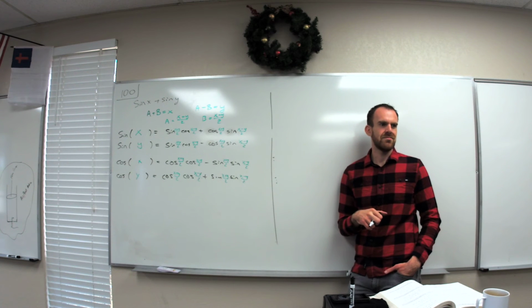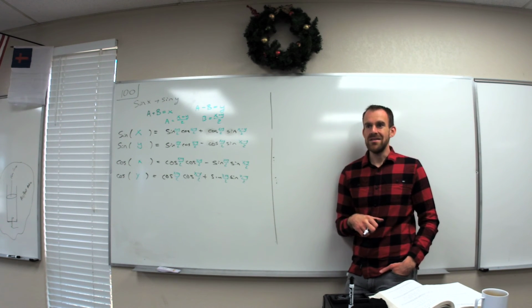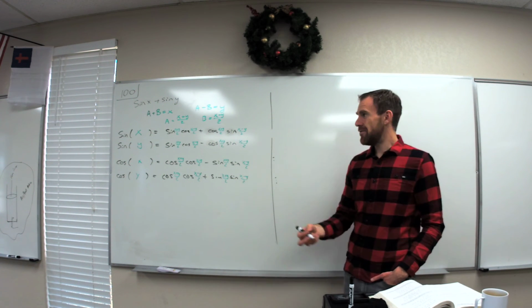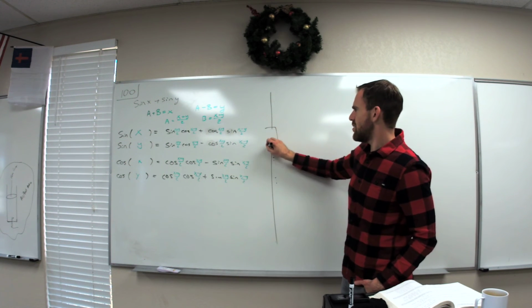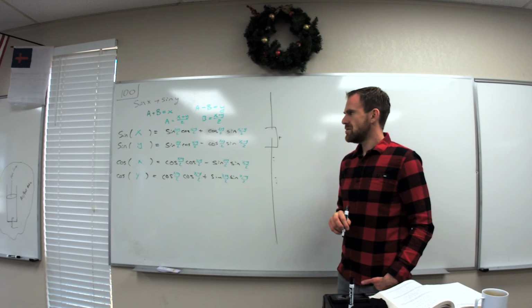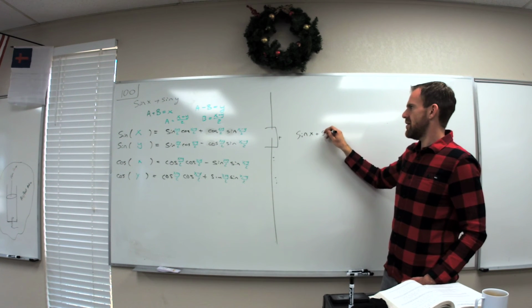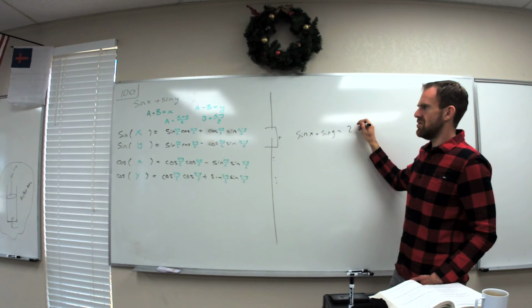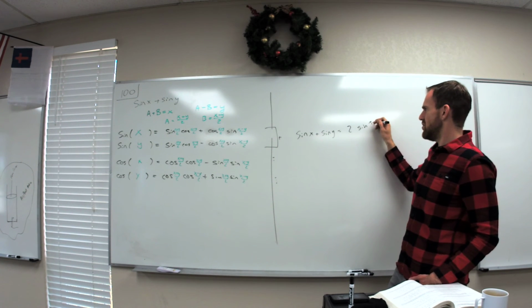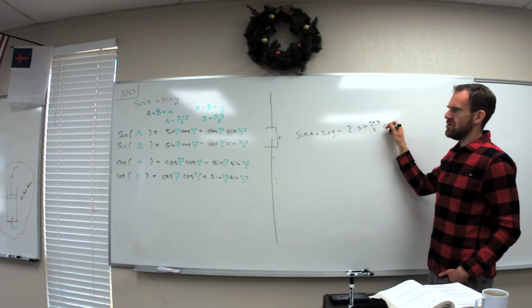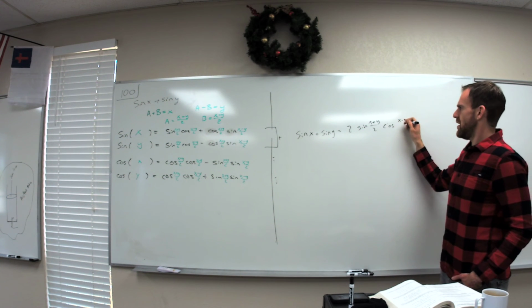You won't. Okay, all right, so how do I find sine of x plus sine of y? I add these two. So I have sine of x plus sine of y equals 2 sine of x plus y over 2 cosine of x minus y over 2.